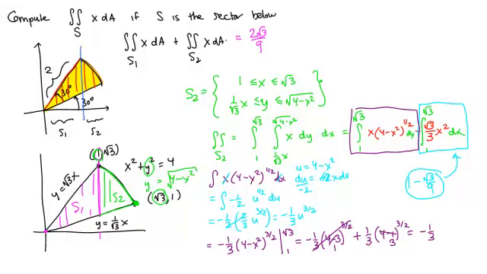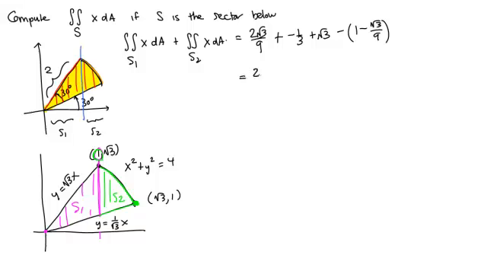And 3 to the 3/2 power divided by 3 is just 3 to the 1/2 power, or root 3. And so we've just worked out that the second integral is equal to negative 1/3 plus root 3 minus the expression 1 minus root 3 over 9.